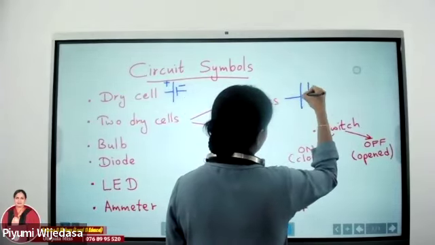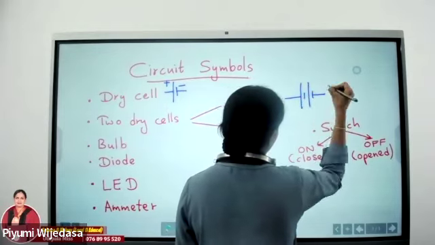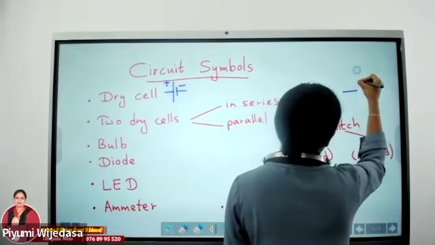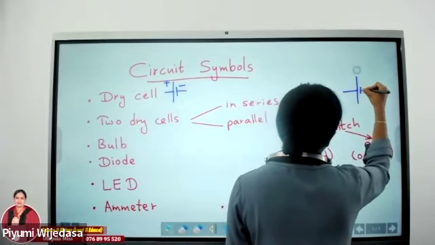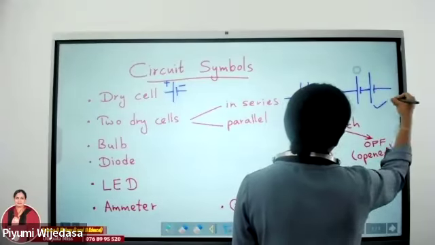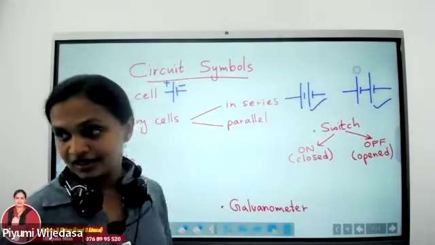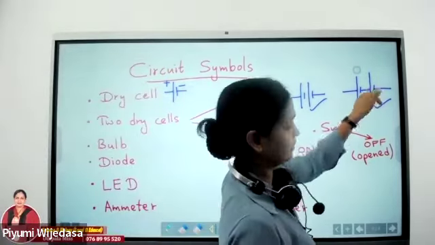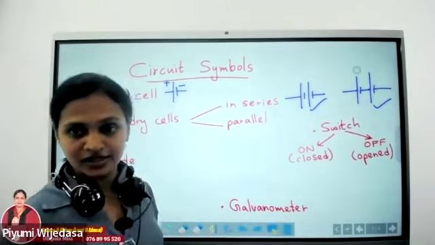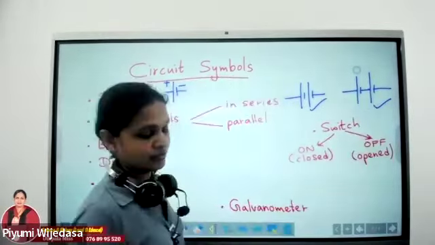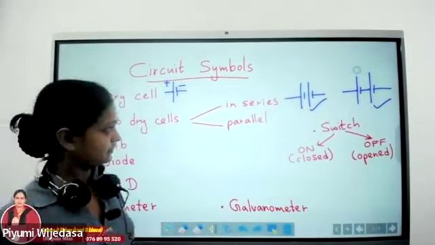Positive, negative, positive, negative, alternately. You can keep a small gap in between, and that is also correct. Or you can connect them with a connecting wire in between. But you have to follow the order positive, negative, positive, negative.